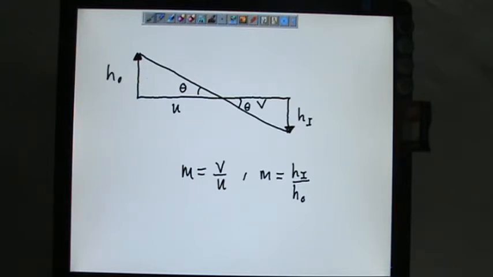You realize that this U and HO, and this V and HI, and because they are congruent, we can say that magnification is V over U, and magnification is also HI over HO. So we can connect these two: V over U equals HI over HO. This is the case of mathematics. They have the same angle, so they have the same mathematical relationship.